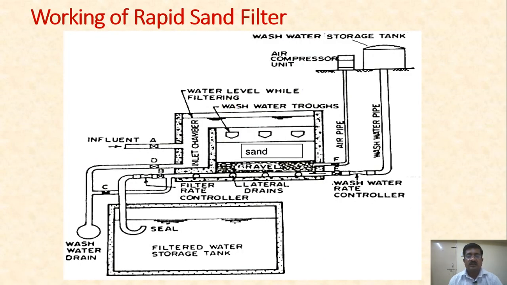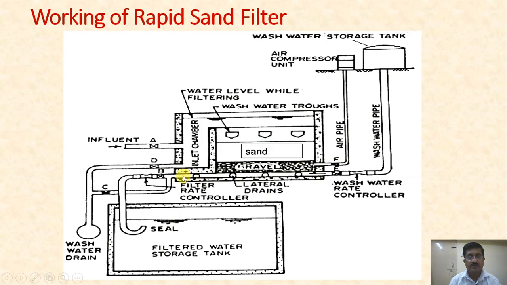Now again let's proceed further regarding the working of the rapid sand filter. Concentrate on this sand filter tank here. This is the water level while filtering. Now what are the various parts you can see here? At the bottom you can find the gravel, below that these perforated pipes are there.